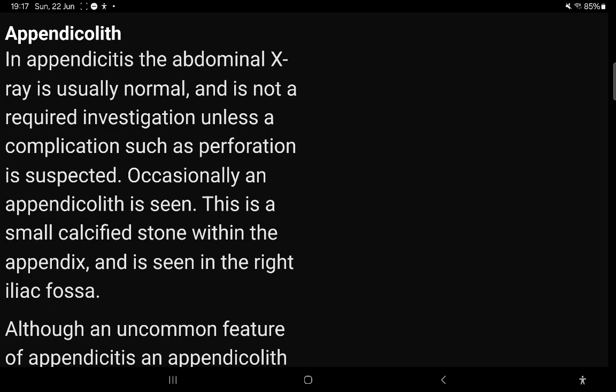Moving to appendicolith. In appendicitis, which is the inflammation of the appendix, the abdominal X-ray is usually normal and is not a required investigation unless a complication such as perforation is suspected. Occasionally, an appendicolith is seen.